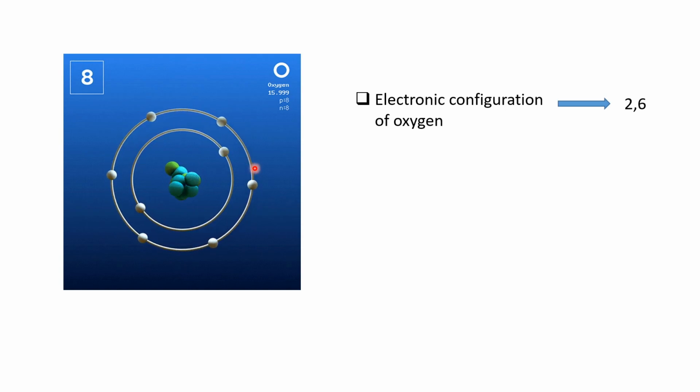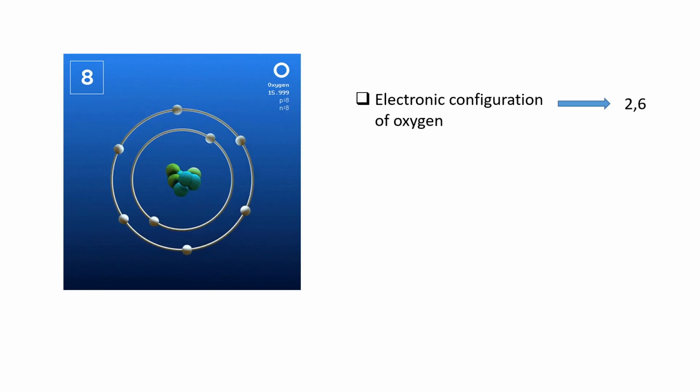So 6 are accommodated in the second orbit, where the limit was 8, but 6 is less than 8. So all the 6 electrons go in the second orbit. So the electronic configuration becomes 2, 6. And remember this, electronic configuration has nothing to do with protons and neutrons. It is only the arrangement of electrons across these orbits.